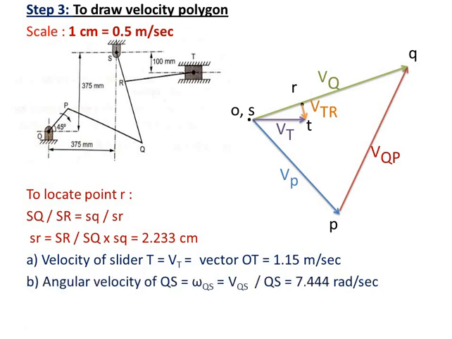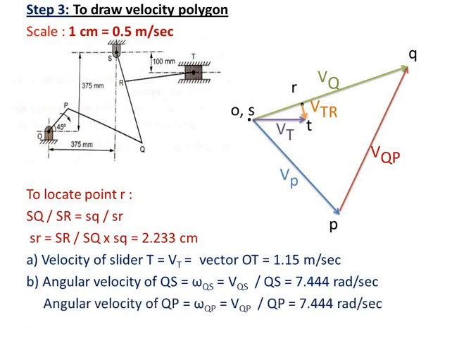Now we have to get the angular velocity of link QS. We know V equals R omega, using this we can find omega equal to V by R. So first find the velocity of QS. Simply measure this vector QS, multiply by scale, and it will give you the velocity of QS. Divided by the length of link QS, it will give you the angular velocity of QS equal to 7.444 radian per second.